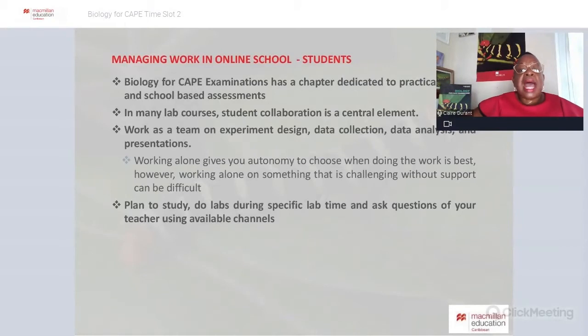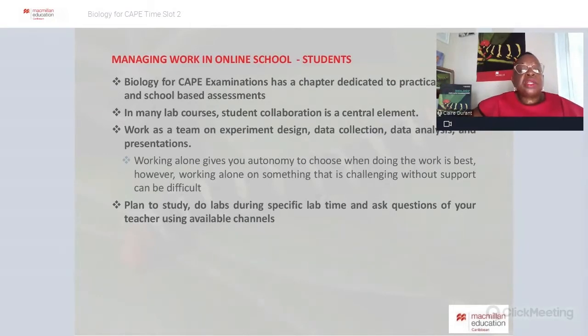We also have in that how to do your biology drawings and put the labels. So the practical part of the biology is well explained and examples given in the practical biology chapter.